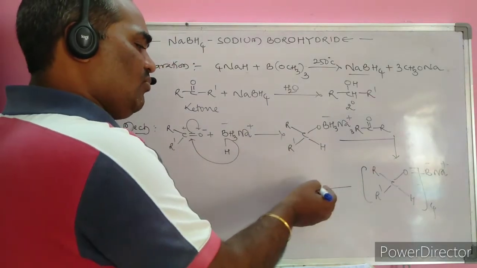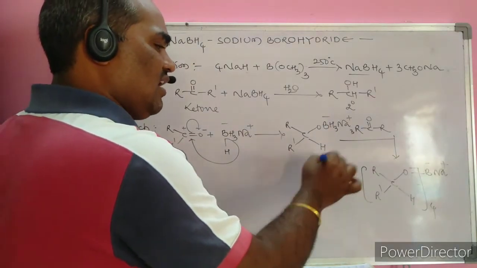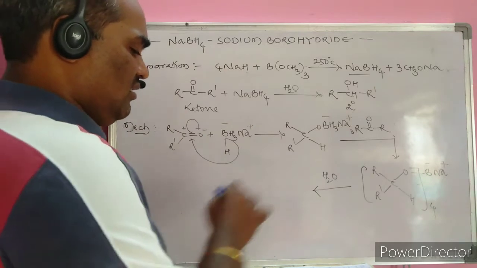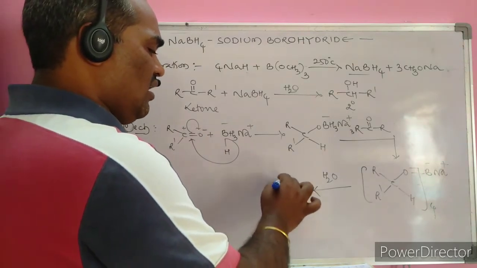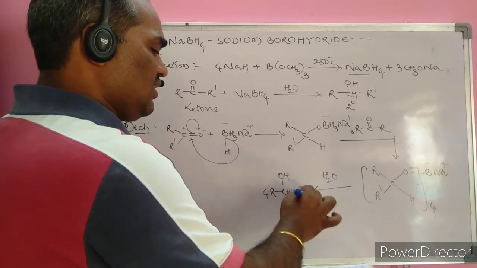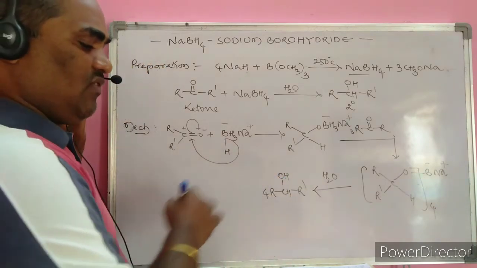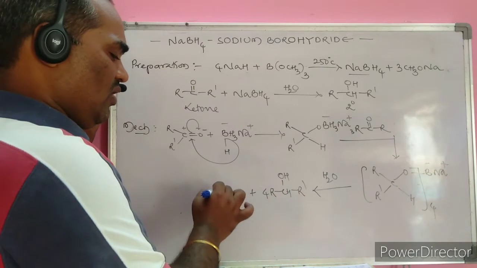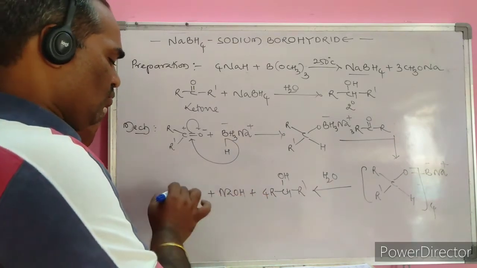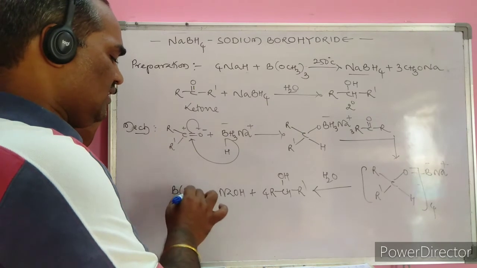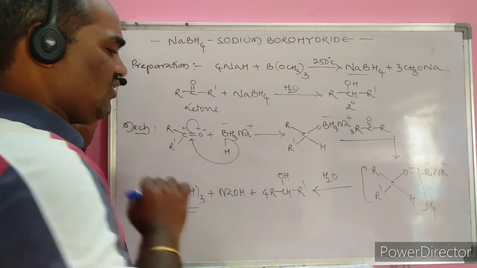Now the formed intermediate undergoes hydrolysis to form 4 moles of the alcohol. Since it is a ketone, the secondary alcohol is formed, and the byproducts are 1 mole of sodium hydroxide and another mole of boric acid.